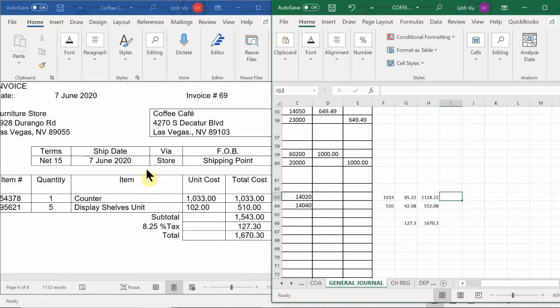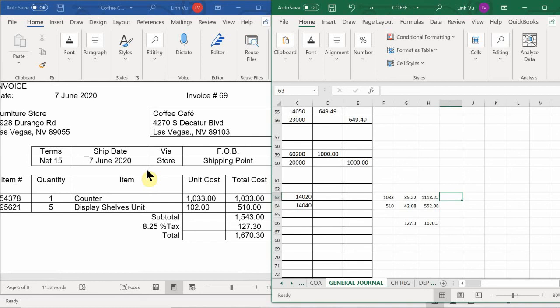It's $1,033, right? So what if it is a marble counter? Then that counter is going to be way heavier than my five display shelves. In this case, we don't know the exact measurements. You can weigh them and figure it out that way, but that just is more room for more calculations and preciseness.